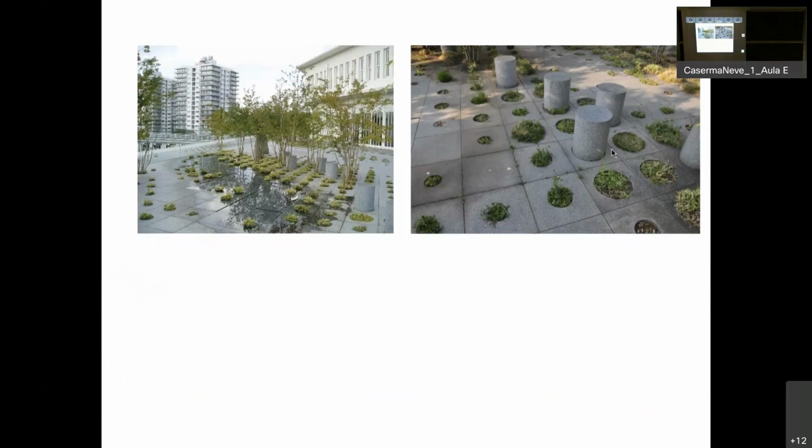As we saw in Peter Walker and Martha Schwartz, there is again the idea of minimalist art. Maybe I didn't put any example apart from Carl Andre, but I could have put some Donald Judd or Sol LeWitt. Anyway, there is this idea of the grid and of the different declinations of the grid.